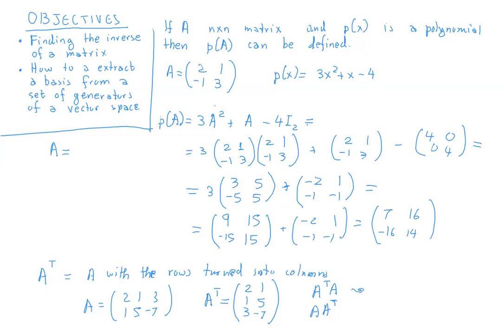What kind of matrix is A transpose A going to be? So how many rows? 3 by 3. Very good, 3 by 3. And A times A transpose is going to be 2 by 2. Okay, but if your matrix is a square matrix, then they have the same dimensions. They're not going to necessarily be the same. So it doesn't mean that the matrix commutes with its transpose. That's not true. Okay.